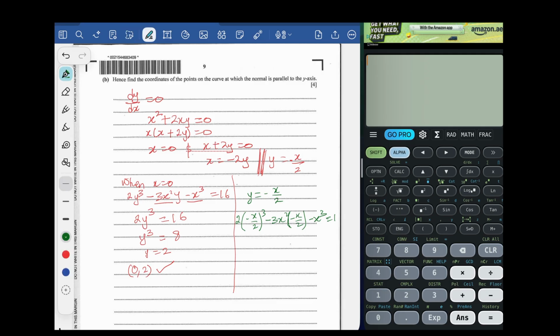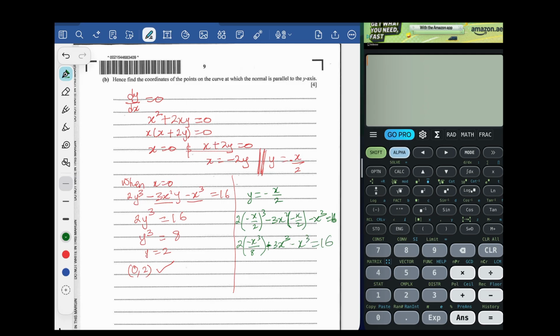From here I just expand this to be 2, then minus x cubed over 8, minus 3x cubed, so that will be plus, then minus x cubed is equal to 16.